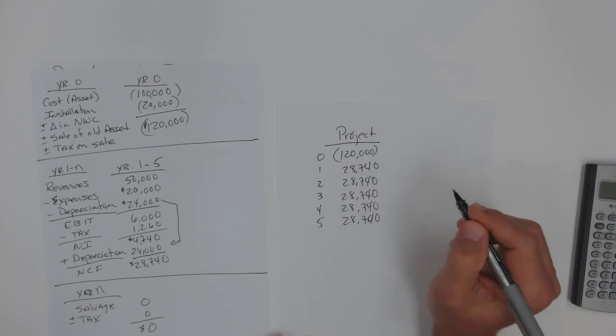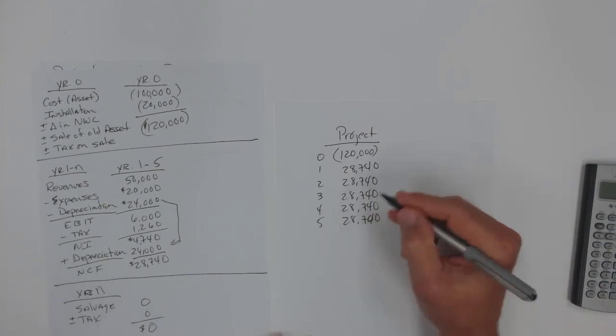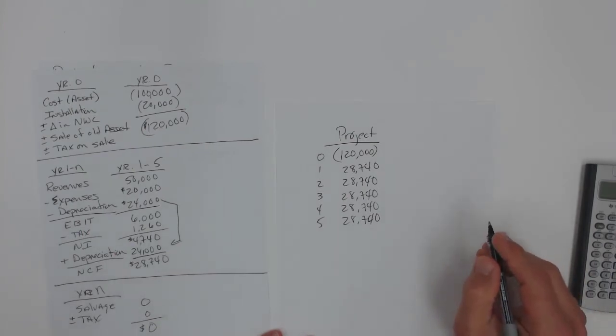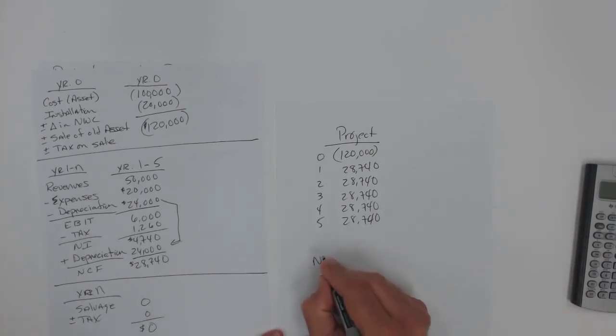This is what we do the net present value on. After you do the cash flow, the only criterion that you are required to calculate is net present value.